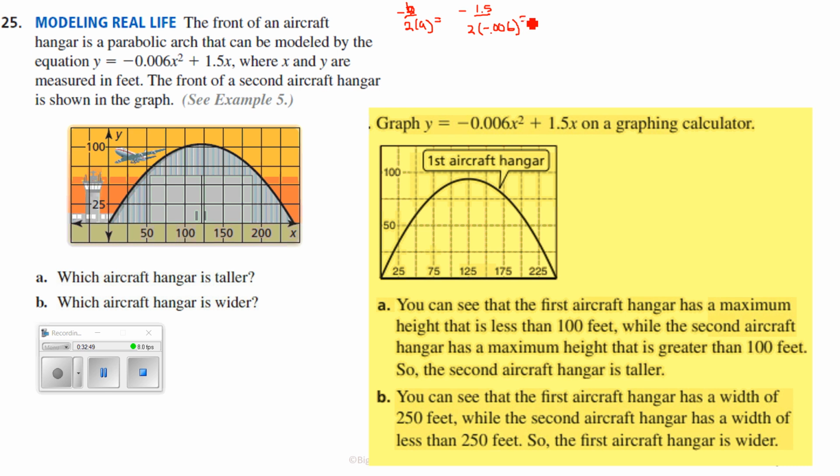When we do this, we're going to have a negative 1.5 on top, and then we're going to plug that in. We're going to multiply 2 times negative 0.006. I know 6 times 2 is 12, so this should give me a negative 0.012.